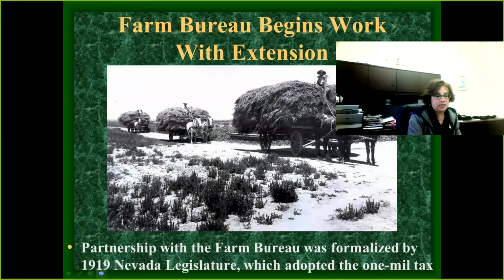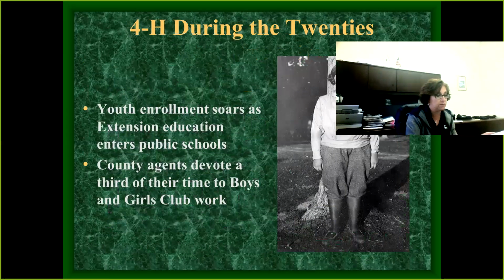In 1919, there was a formalization of a partnership with the Nevada Farm Bureau through state legislation, and that's where our 1 mil tax was adopted, and that's typically how Extension is funded in the state of Nevada. So that partnership was formalized in 1919.